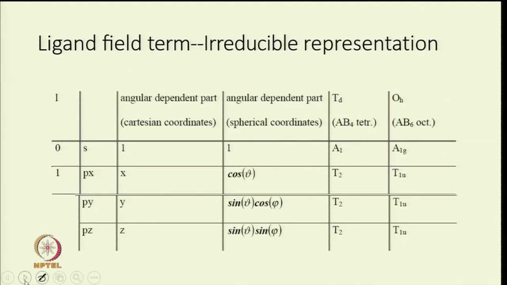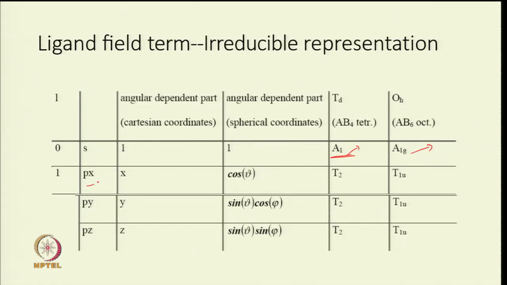So, let us discuss what will be the irreducible representation for different orbitals. S we have already looked at: A1g. And in the tetrahedral field, in tetrahedral complexes there will be no g and u term, and so this will have the representation given by the A1 symbol.